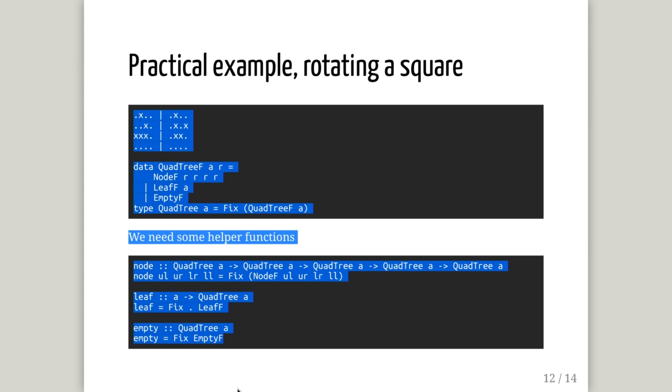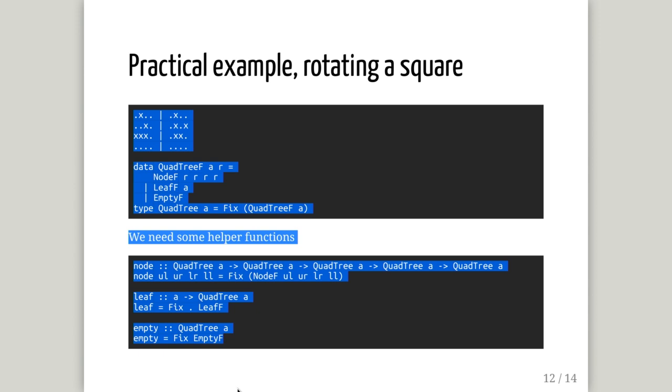So say we have a square, and that square has dimensions of the power of 2, so we can use a quad tree to represent that square. For those that don't know, the quad tree is a tree that has 4 nodes underneath each of the nodes.